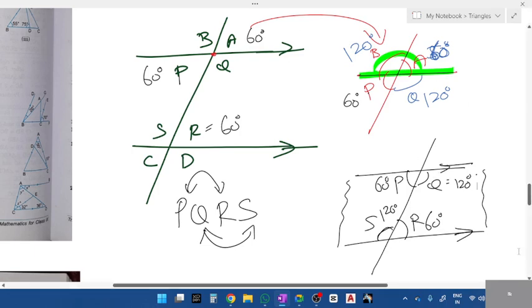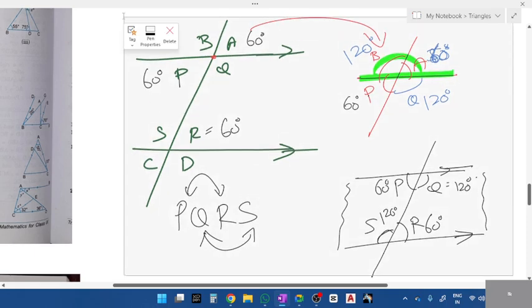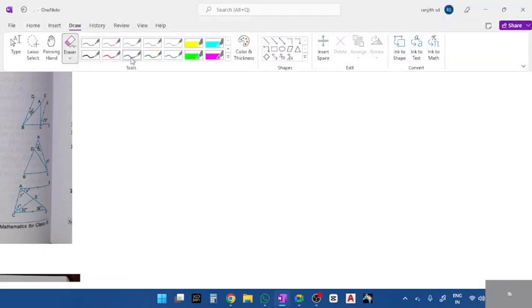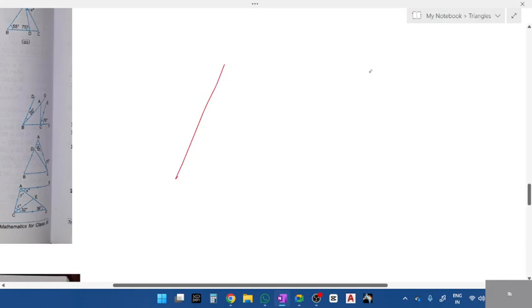Okay, just focus on interior alternate and vertically opposite. Next, if the parallel lines are in any direction, it's very simple to identify. Look at two parallel lines like this and one transverse line like this.